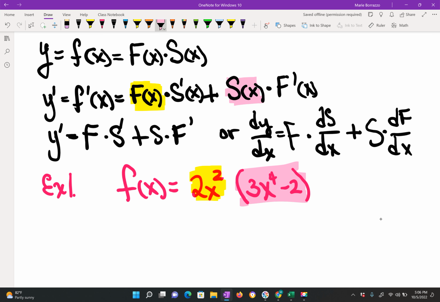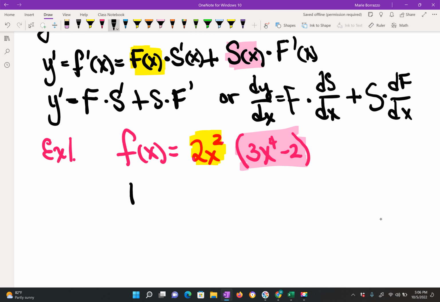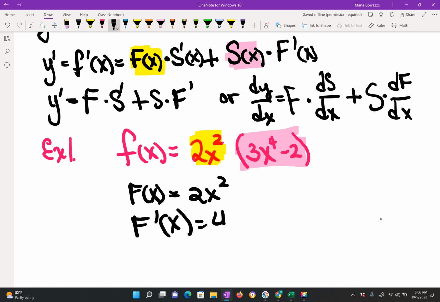Now, right underneath it, what we're going to do is write this down. f of x is equal to 2x squared, and we know that its derivative, from the first test, is equal to 4x.